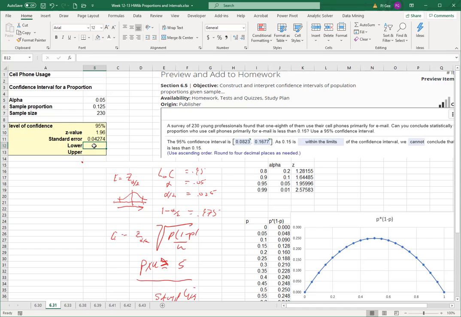Okay, and now we're home free. We just have to take the proportion minus the error, and the proportion plus the error.